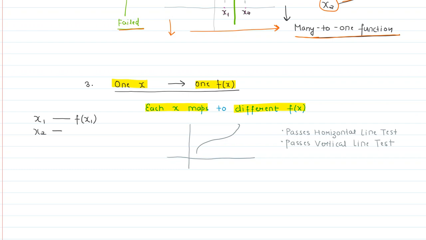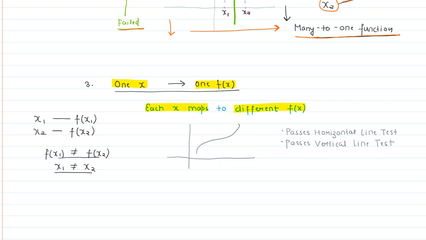So if f(x1) is not equal to f(x2), this means that x1 is also not equal to x2, or vice versa, if x1 is not equal to x2, then f(x1) is also not equal to f(x2).